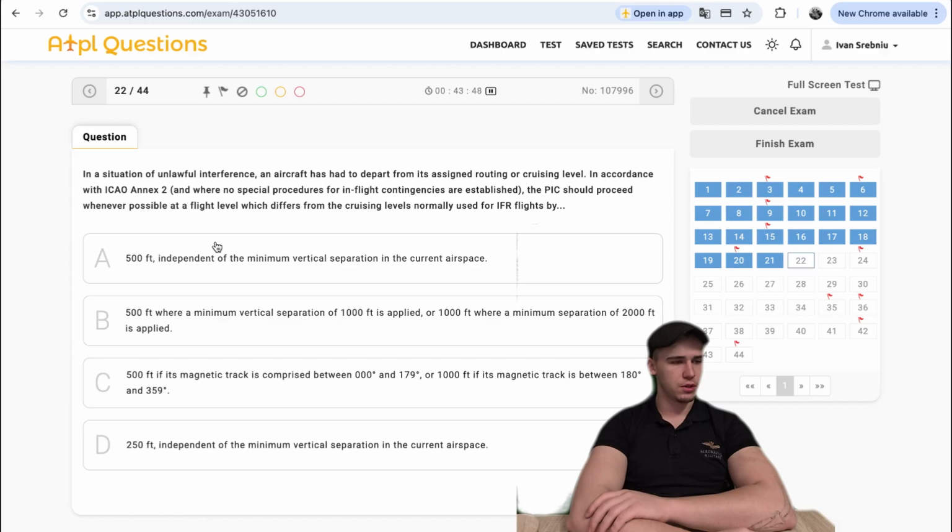In a situation of unlawful interference, an aircraft has had to depart from its assigned routing or cruising level.